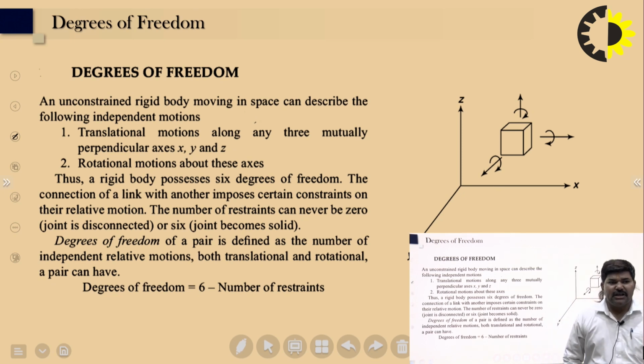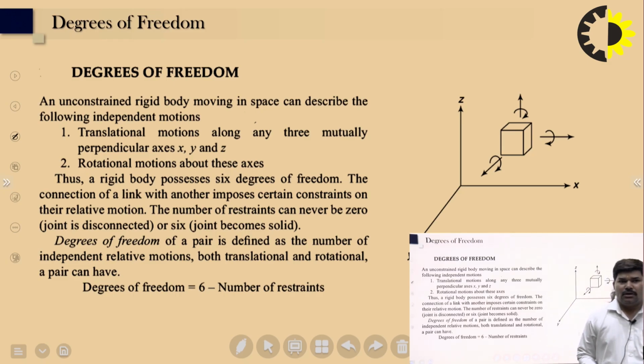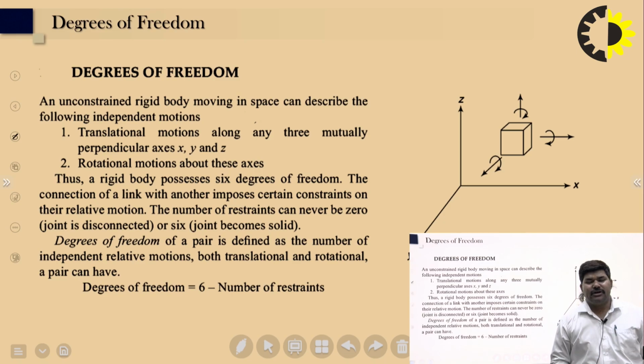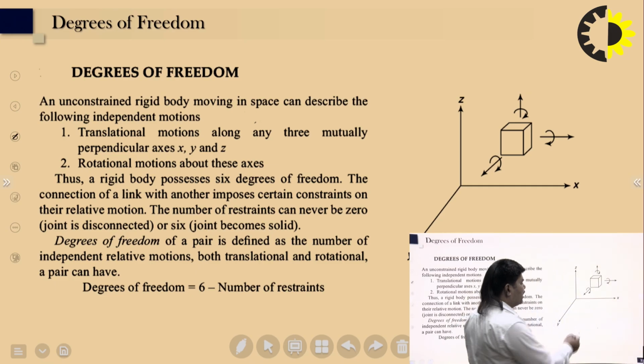Now come to the degree of freedom. These are the bodies placed in this coordinate system x, y, z, and the degree of freedom you can describe in terms of an unconstrained rigid body moving in space, which can be described by the following two independent motions. One is the translation motion along any three mutually perpendicular axes x, y, z.